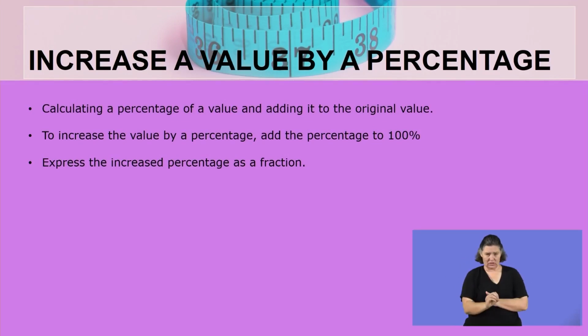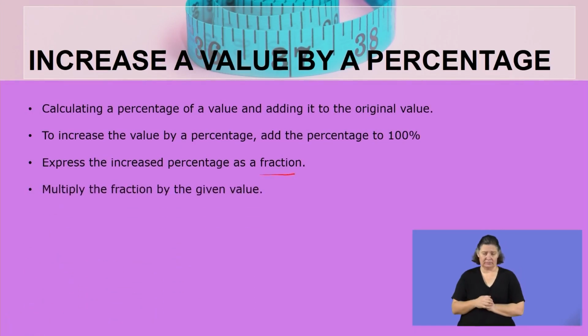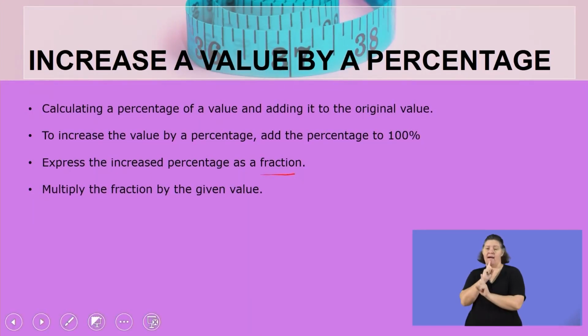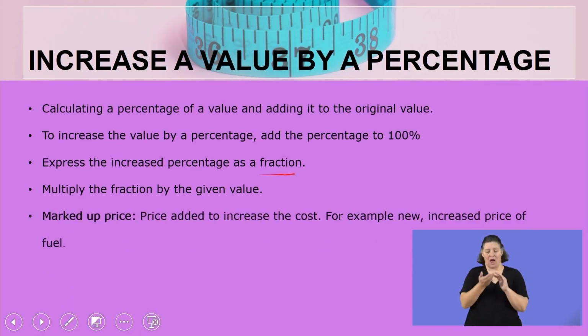So now, after having the new percentage, you express that new percentage as a fraction. And then you multiply the fraction by the given value. After multiplying it by the given value, you will then have your marked up price.